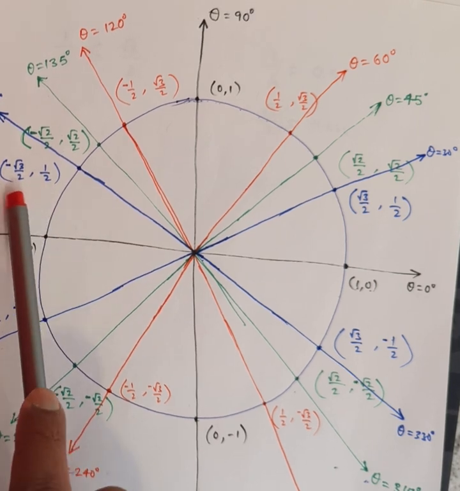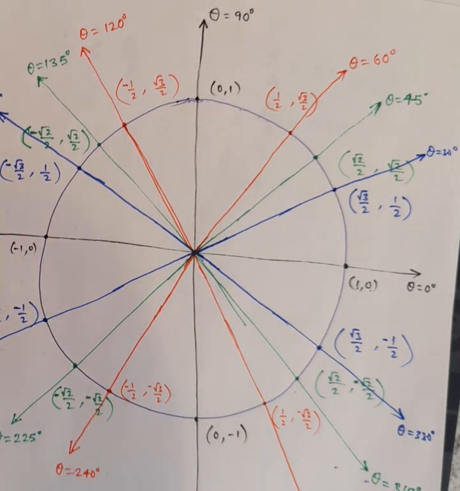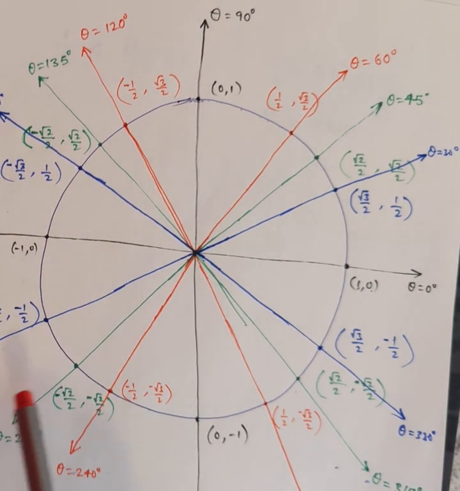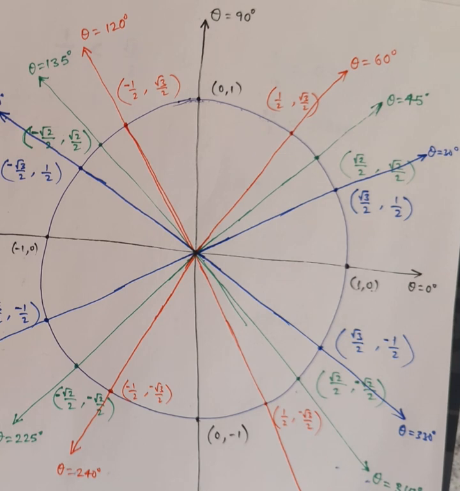It would have greater x-coordinate in magnitude. And then you supply the negatives. And that's it. So this should tell you your trig functions for now 16 angles.